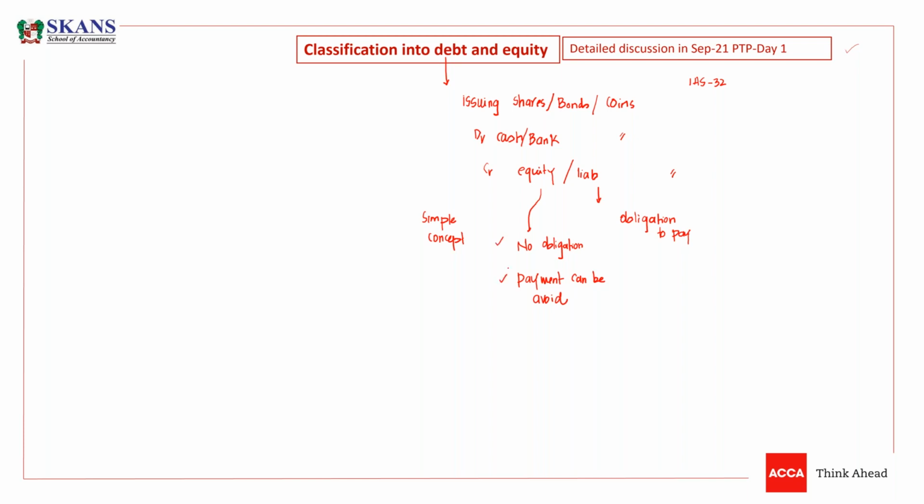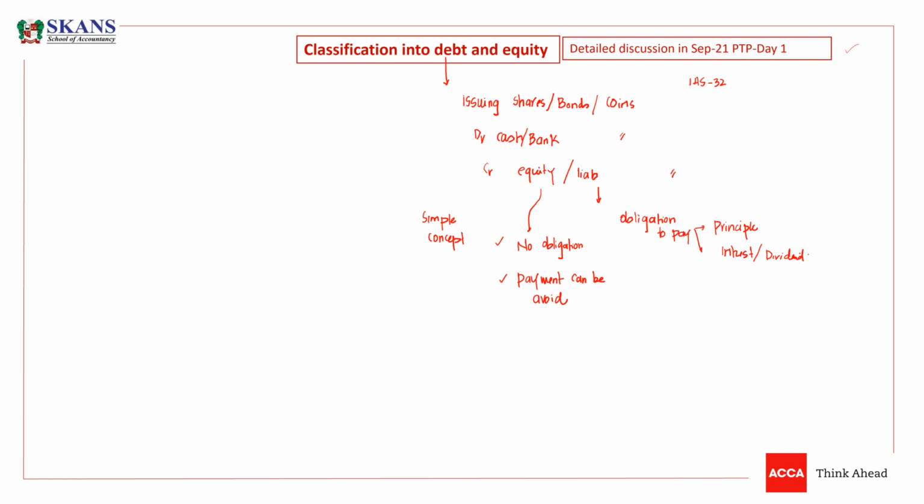So if you have an obligation to pay principal, the amount we received at the time of issue, interest, the return that you have to pay, or dividends, then we will treat this as a liability. Otherwise, it would be equity.